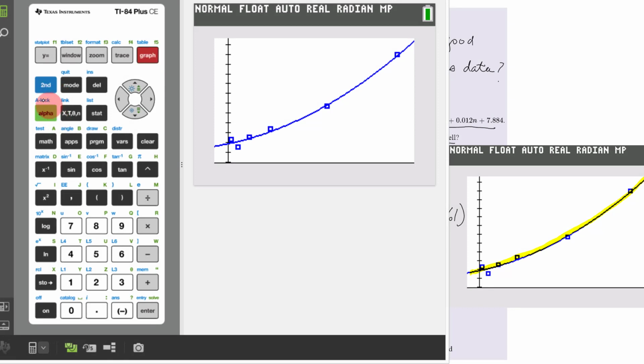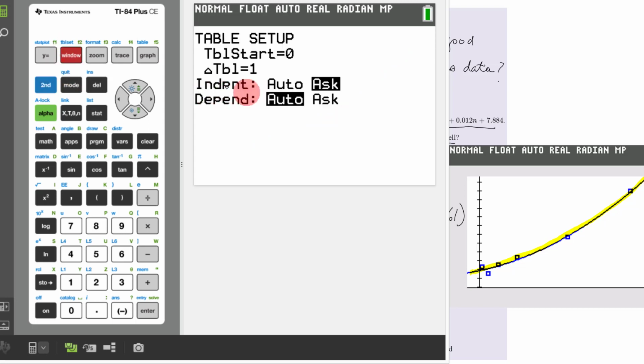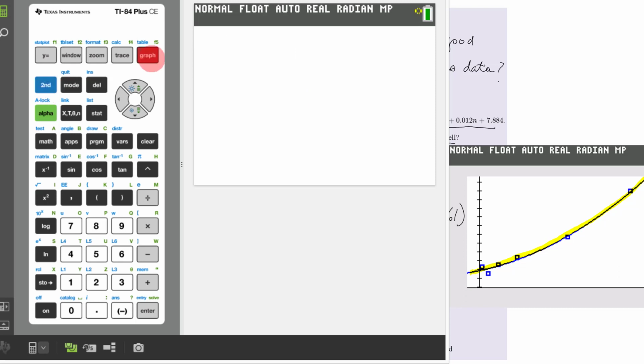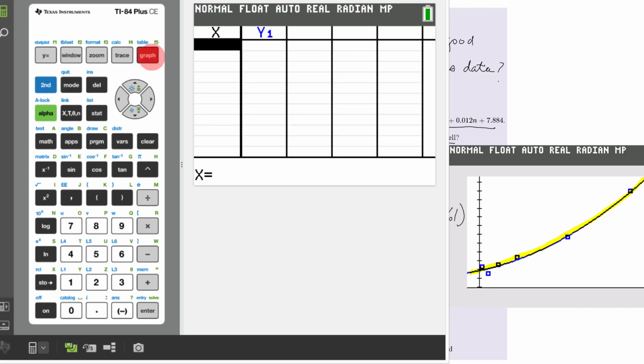So if we come back to the calculator and we set our table, so second window would give us table set, and make sure your independent is on ask, we can easily go to second graph, which is an empty table, and ask it for 117.61. So if the population is 117.61, the percentage of women that are police officers in that city is 10.1.